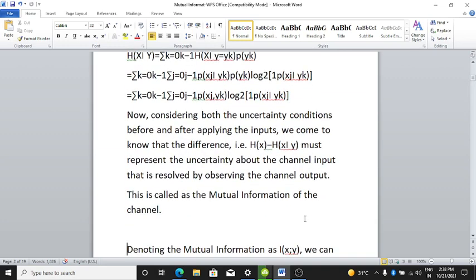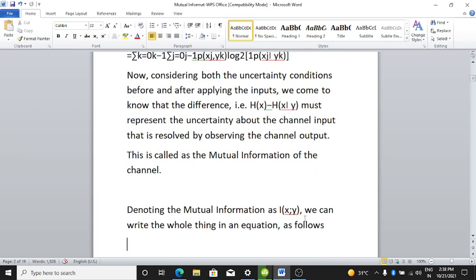Now, considering both the uncertainty conditions before and after applying the inputs, we come to know that the difference, that is H of x minus H of x given y, must represent the uncertainty about the channel input that is resolved by observing the channel output. This is called the mutual information of the channel.